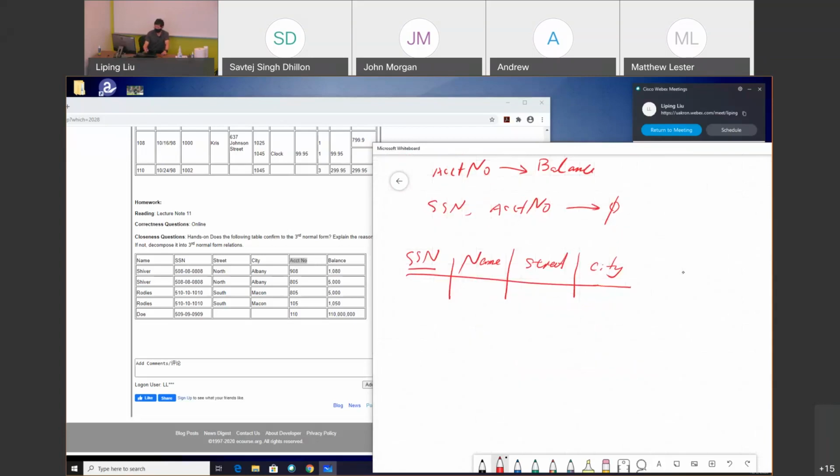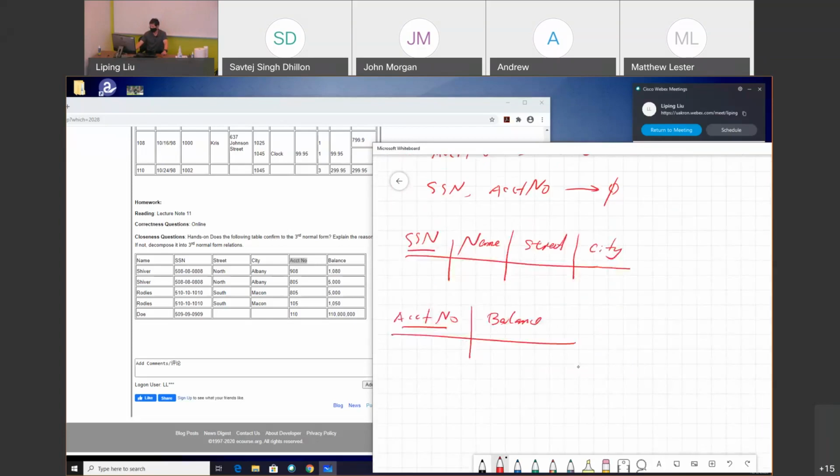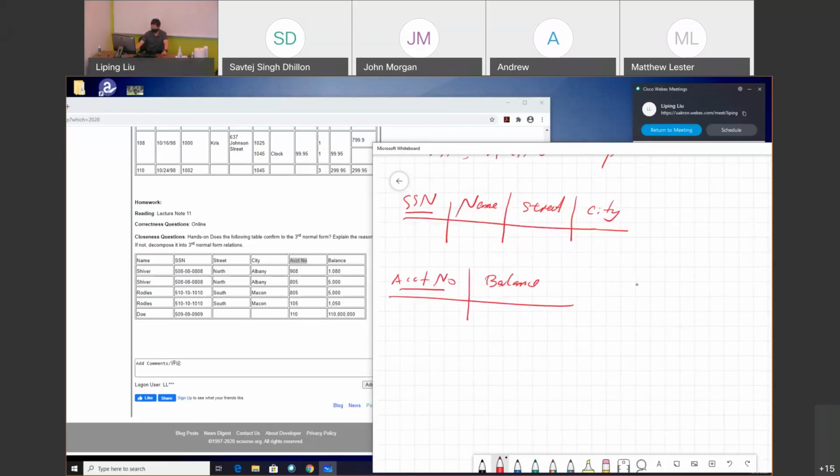And then we have account number and the balance, with account number as primary key because that's the determinant. Then even though the last row does not have anything depending on it, we still have to have a table for that. We understand that is essentially a junction table.